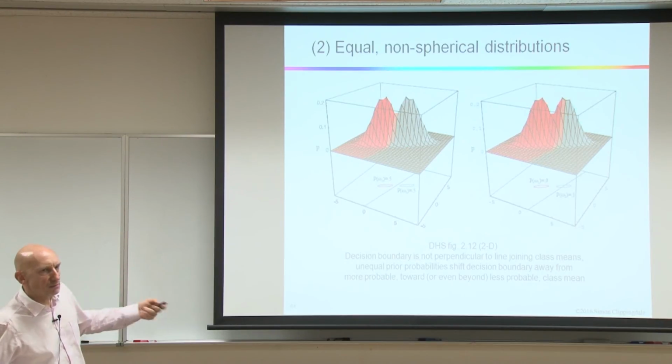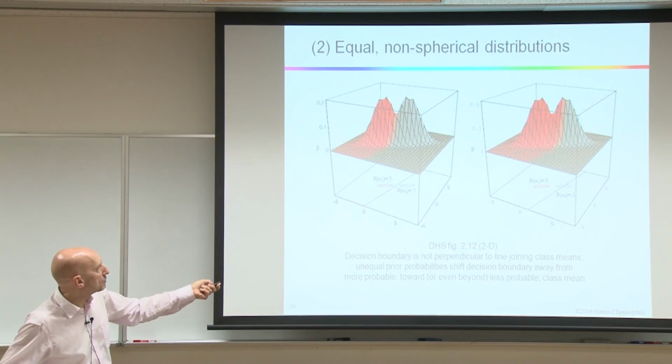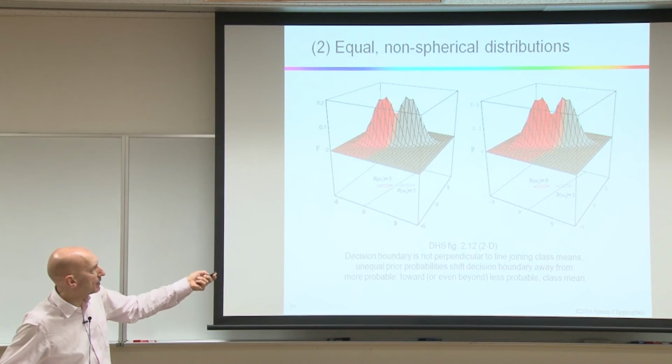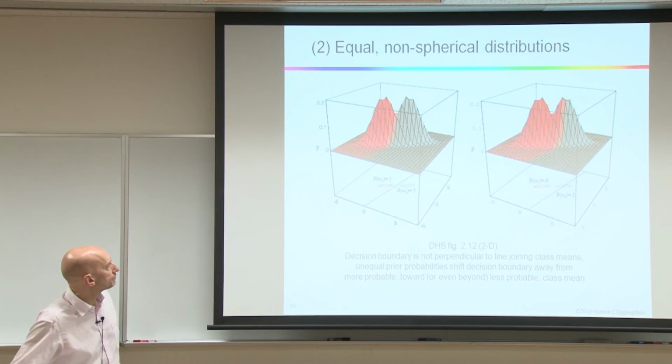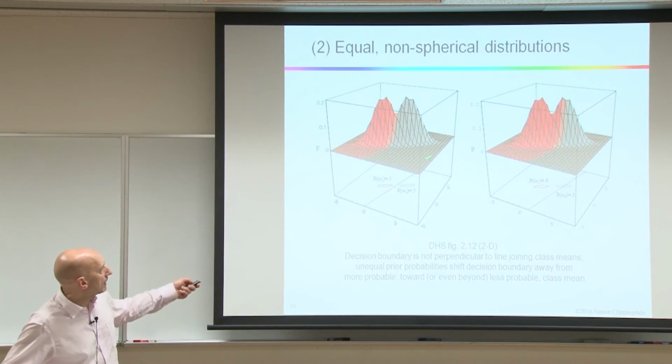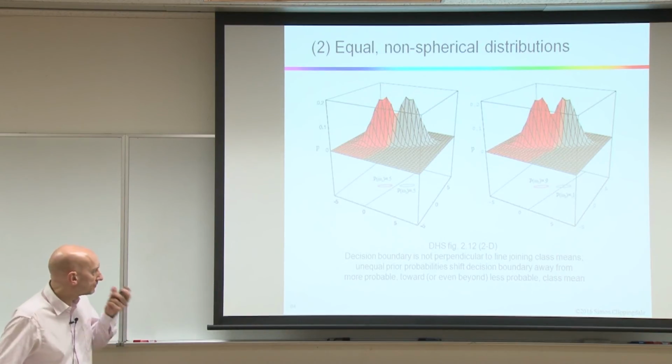But now the decision boundary doesn't go down here, which would be the perpendicular to the line between the class means. It's tilted like that because of the shape of these distributions. And given a difference between the prior probabilities, that shifts this thing in this direction. Okay.